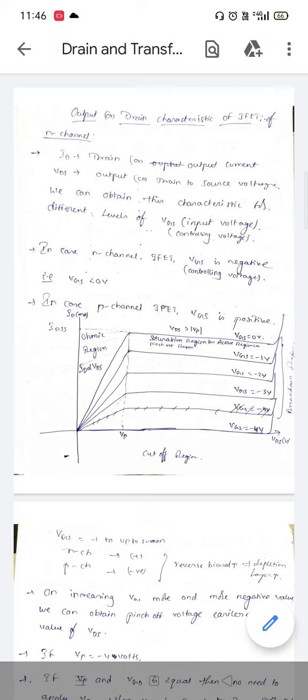What we have learned from these two cases is that in case 2 we can obtain the saturation current ID and the pinch-off voltage earlier than in case 1. That's the main difference.